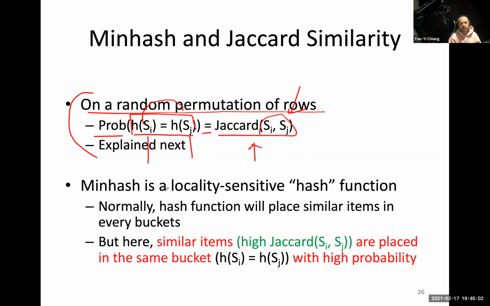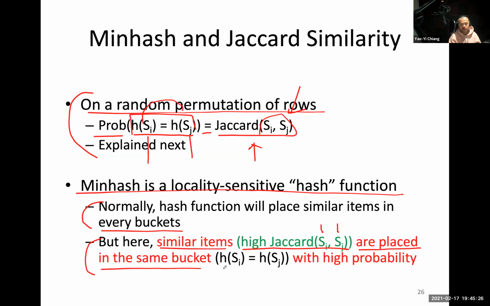So min hash is a locality sensitive hash function. Normally your hash function will place similar items in different buckets, right? Like remember in your PCY. But in min hash, similar items, that means the documents with high Jaccard similarity, will be placed in the same buckets.